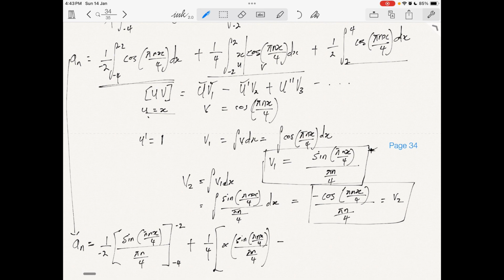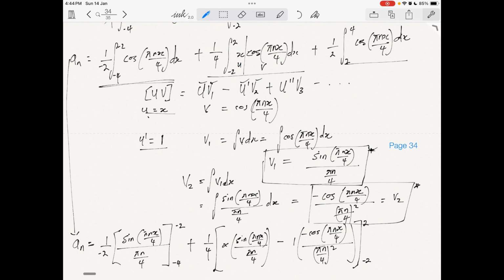minus u prime, which is 1, multiplied by v2, this is v2 here, -cos(πnx/4) divided by (πn/4) squared, from the limit of -2 to 2, because we have here -2 to 2.